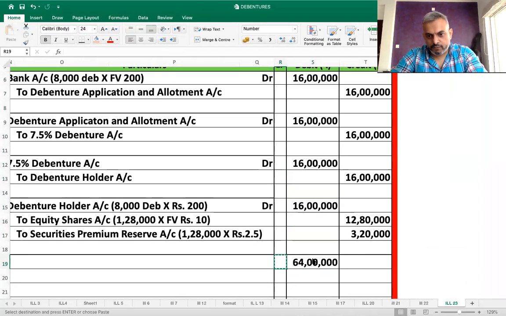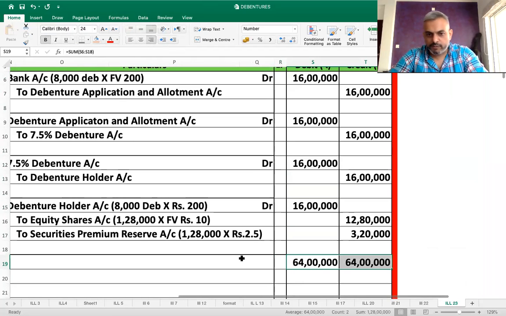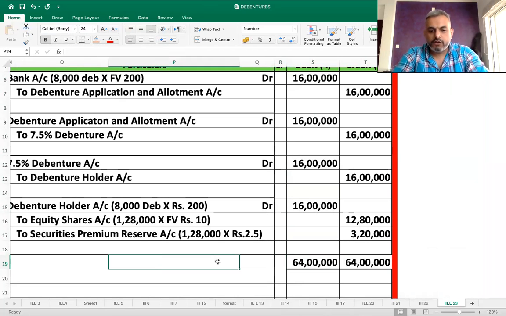Now, even in the textbook, if the total is not done, we will always be doing the total so that in case the examiner feels that the total should be there and you have not done the total, you should not lose marks on it. Again, it will also help you to see if there is some mismatch in the amount, if you have made some writing error or something. Okay, so do the total.